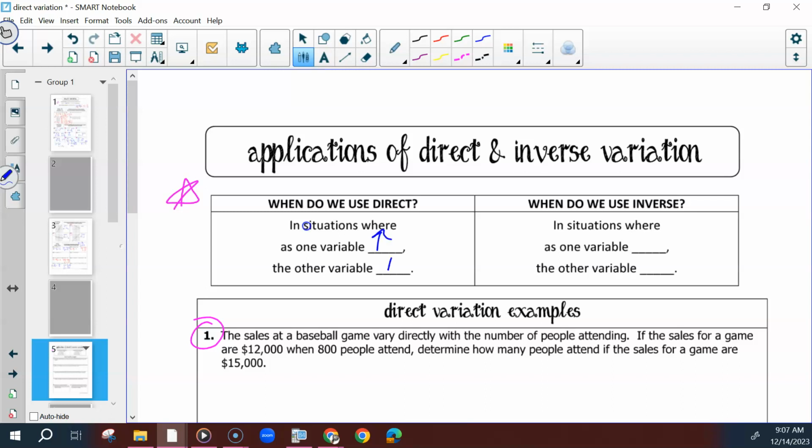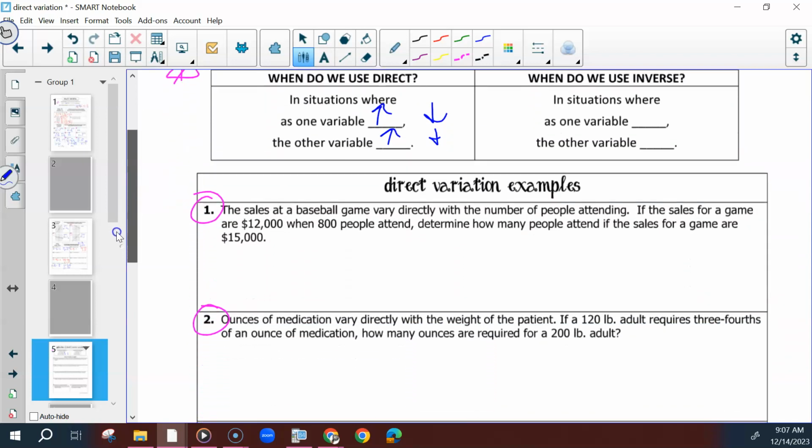As one variable goes up, the other variable goes up. So the more you study, the higher your grade is. But these can also go down together as well. The less you study, the worse your grade is. They either go up or go down together. So we'll do a couple of these.